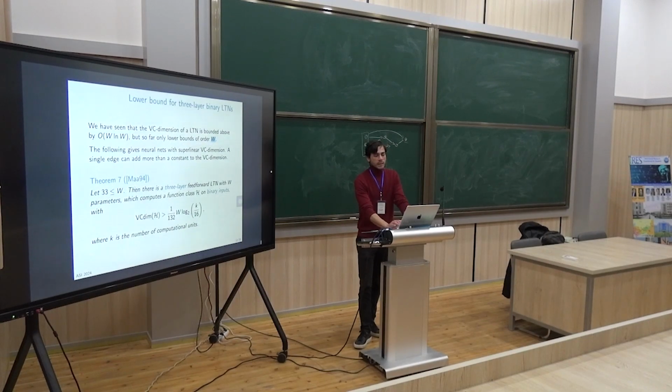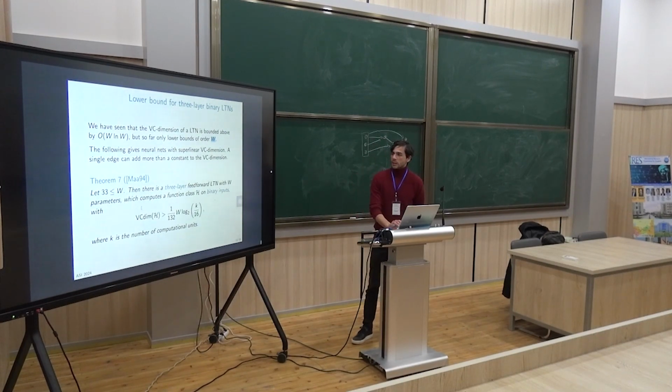This result says that if you take a network with 3 layers and W parameters, and still with binary inputs, there exists a 3-layer feed-forward network which has this lower bound for the VC dimension, W log K. And K here is the number of computational units.